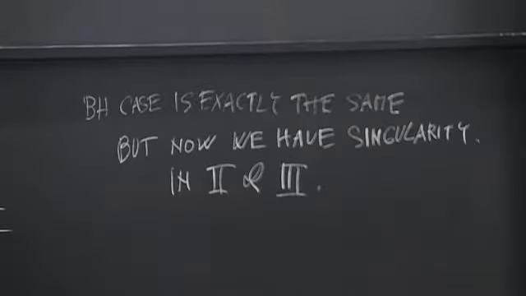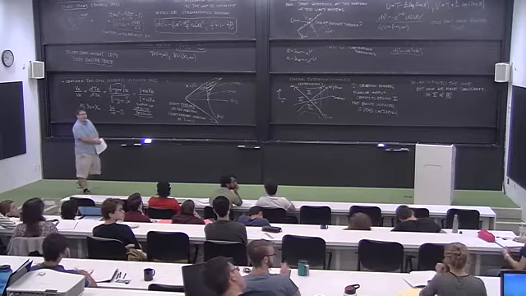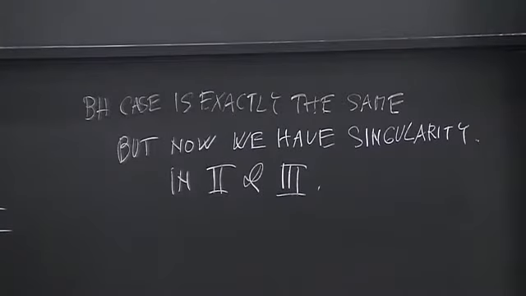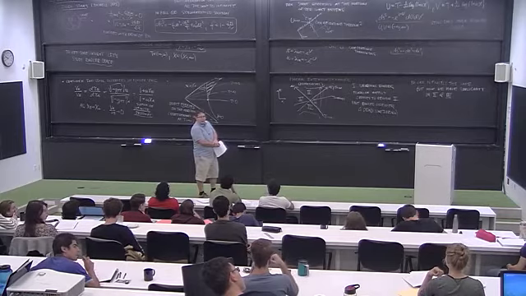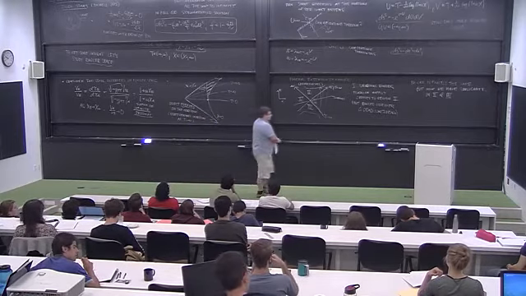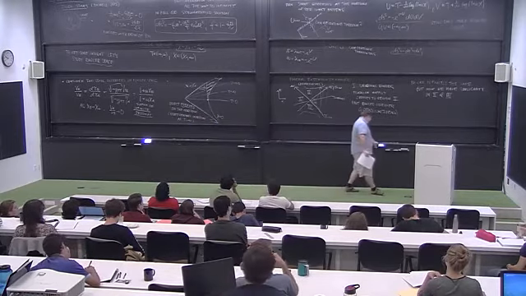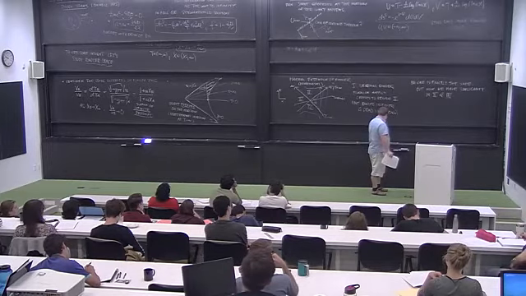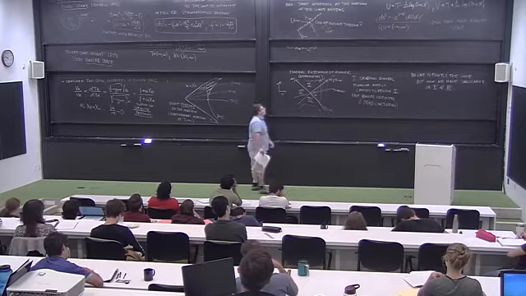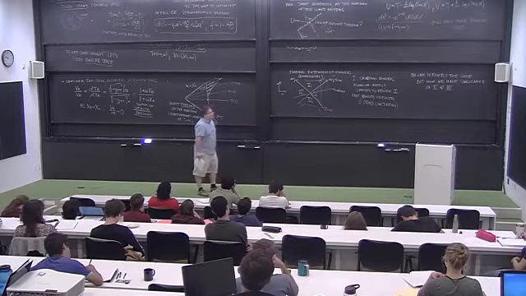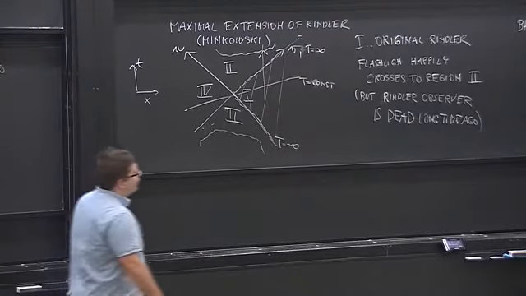Okay. Are there any questions to this? Yes. Given a set of coordinates, how do you know if you have found a maximal extension? Aha. So how do you know that you cannot extend even further? That's a good question. So here, well, we have Minkowski. There is nothing else than Minkowski.